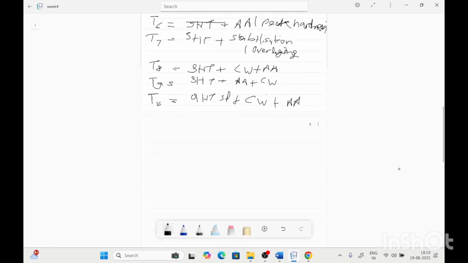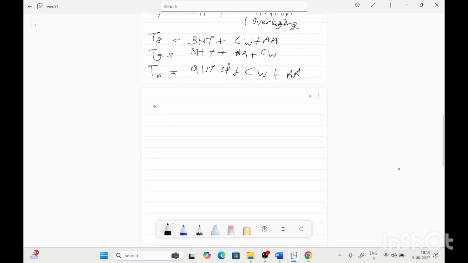Then some more temper designations are there. T651 is stress relieving by stretching to remove compressive stresses.